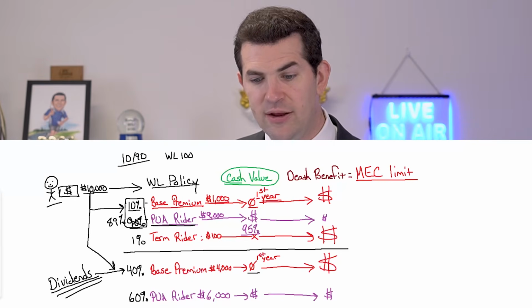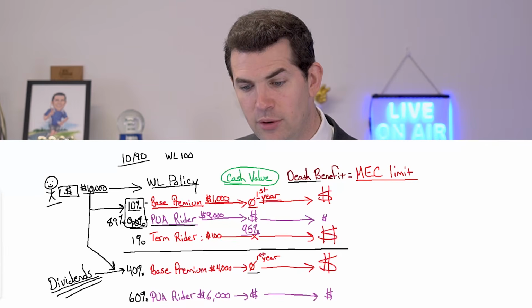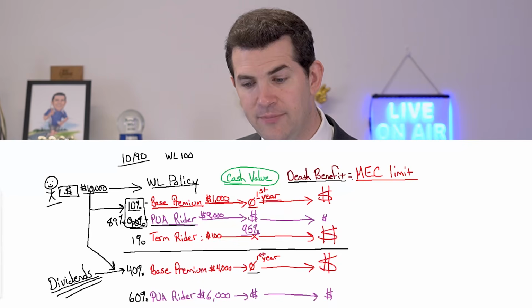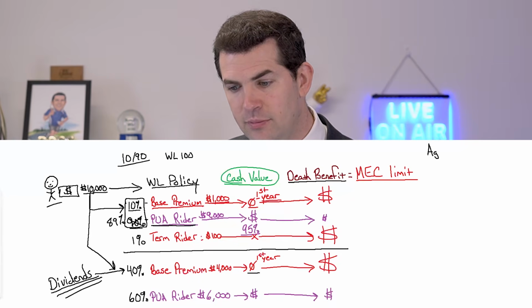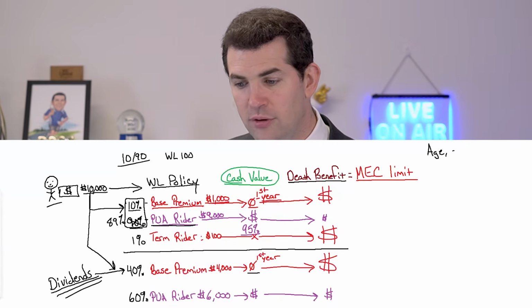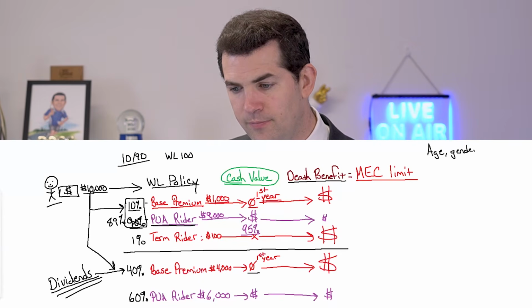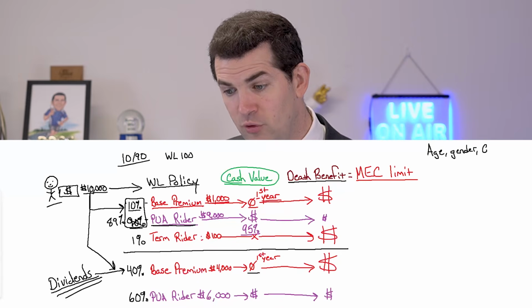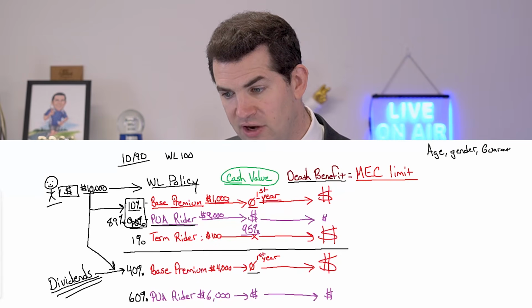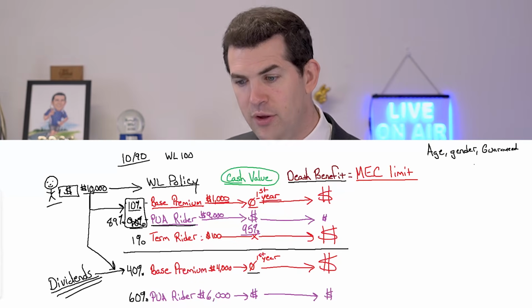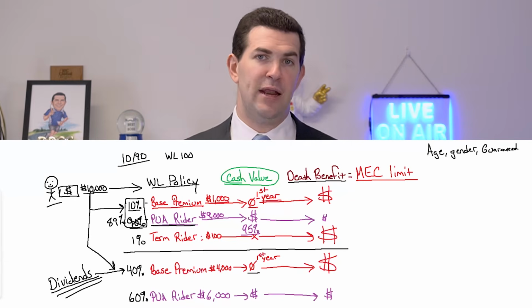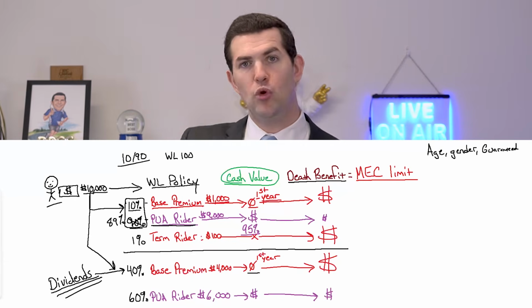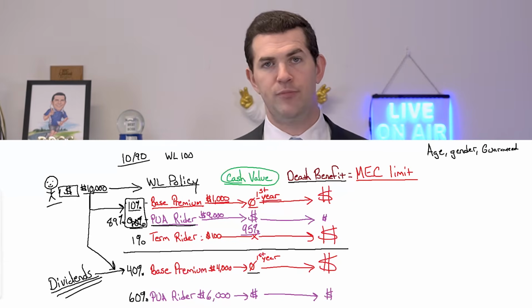And what you will find has a direct relationship to the MEC limit on a life insurance policy is our death benefit. There are other factors that impact that, such as my age, gender, and then also the guaranteed rate has an impact on that MEC limit as well. But regardless, you'll always see the death benefit, and if we make it higher or lower, your MEC limit will be higher or lower.